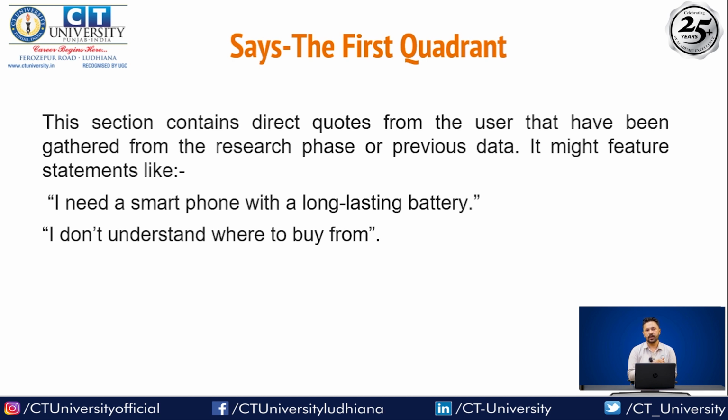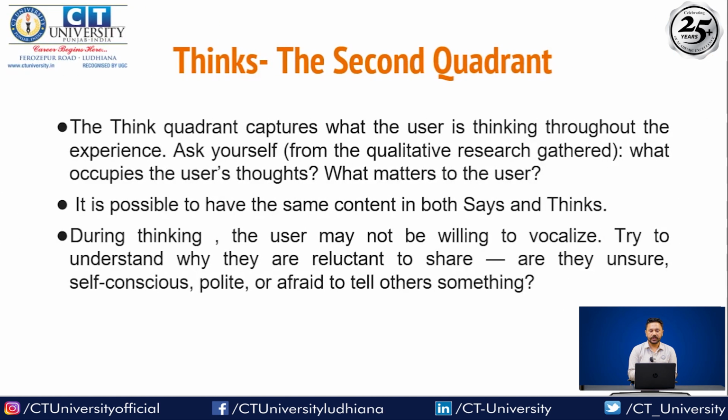For example, I need a smartphone with a long lasting battery, I need a phone with more graphics, I don't understand where to buy a product from, whether I need to go for amazon.com, whether I need to go for flipkart.com, or whether I need to buy a product from the site directly. Okay, so these are the direct statements that come to the mind of the user prior to using a service, prior to buying a product.